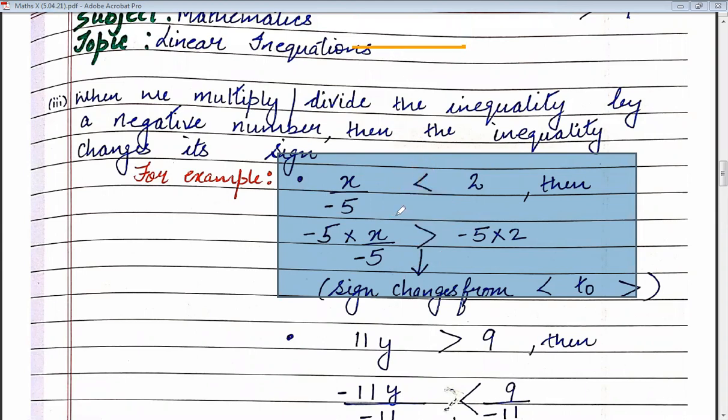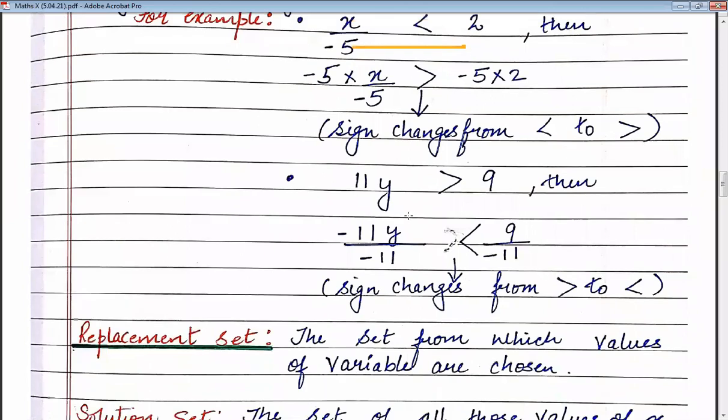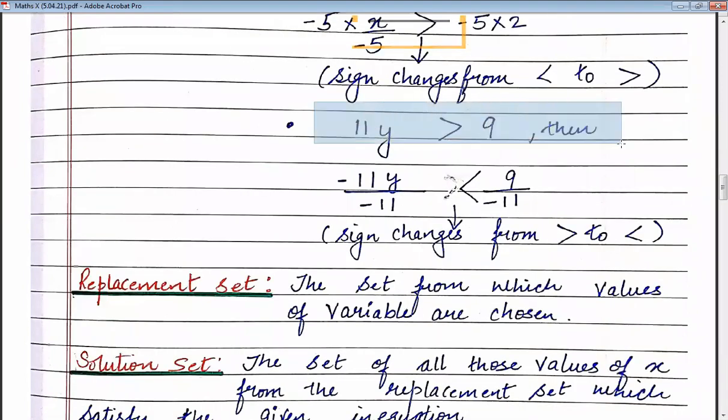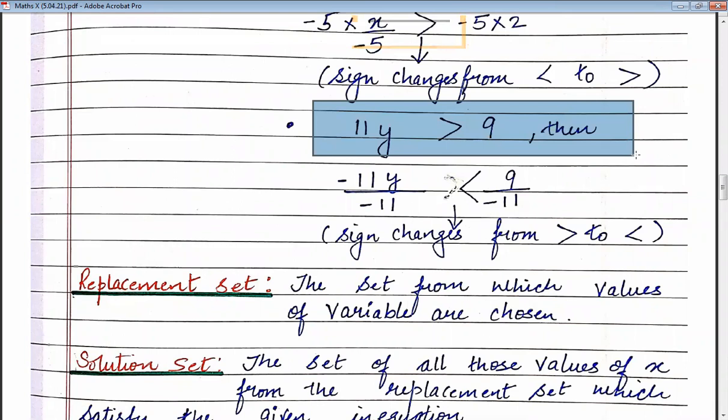Okay, children, let's have a look at the second example. Now let's see what your second example is here. Your second example is 11y greater than 9. Now children, suppose I want to divide this inequality by a negative number. Suppose I am dividing both the sides by minus 11. I am dividing my inequality by minus 11.